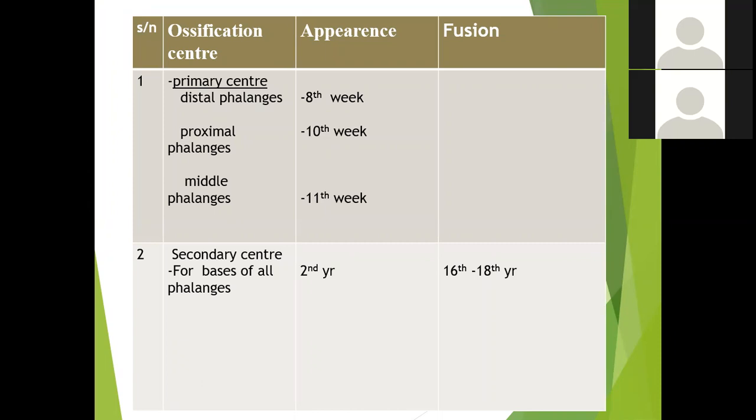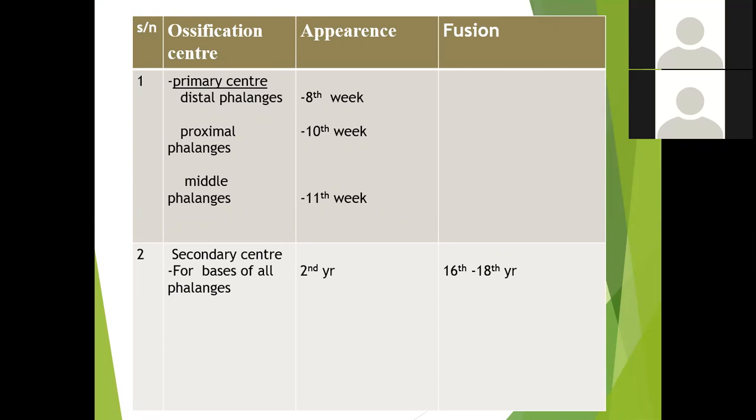We can go for three separate ossification centers. Primary center: for the distal phalanges, the primary center will appear in the 8th week, for the proximal phalanges in the 10th week, and for the middle phalanges in the 11th week. Okay. Next one is the secondary center.